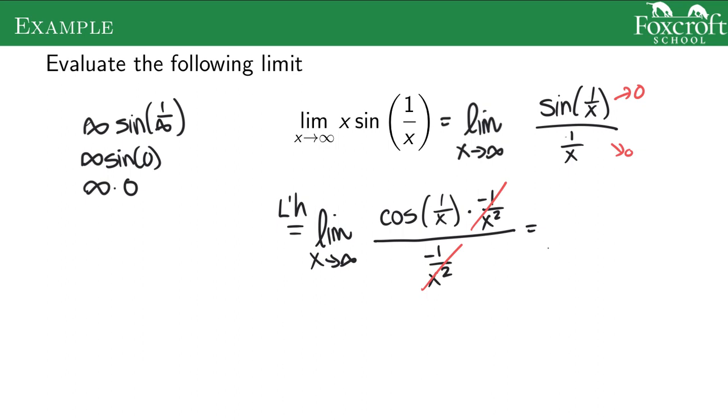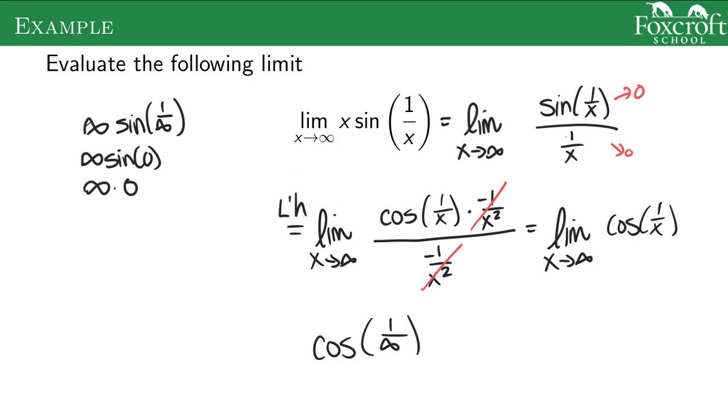This is the same as the limit as x approaches infinity of cosine of 1 over x. Now I try to plug in infinity again. I get cosine of 1 over infinity. 1 over infinity is 0, so this is cosine of 0, and that is 1. So my final answer is 1, and the horizontal asymptote of this expression is 1.